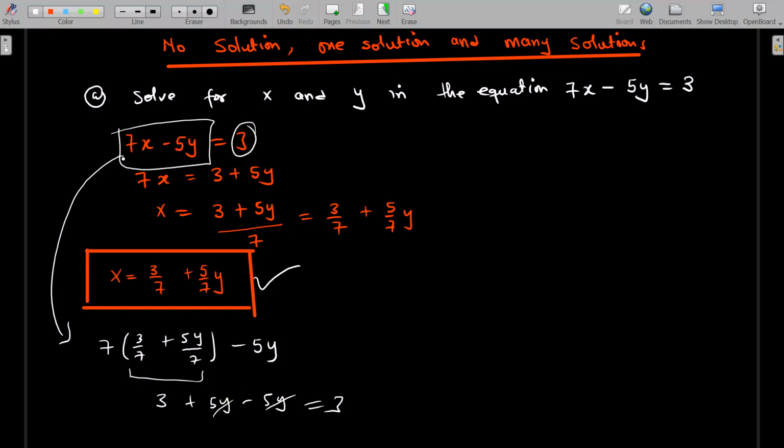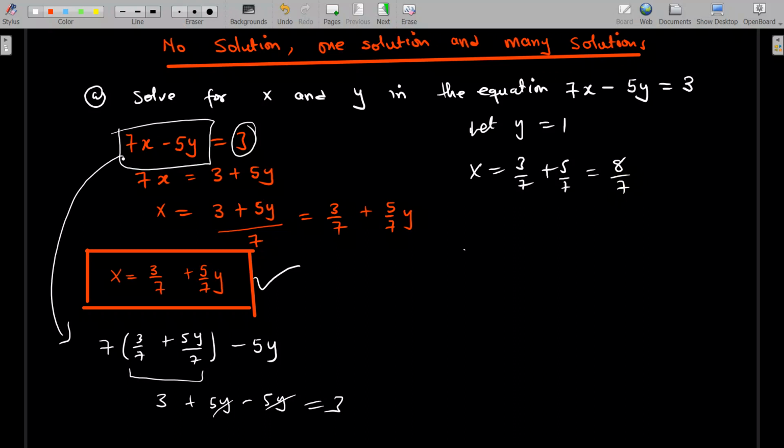That's what this means. If I choose any real value for y, x can take this form. So if I let y be equal to 1, then x will be equal to 3 over 7 plus 5 times 1 over 7, and that's going to give me 8 over 7.